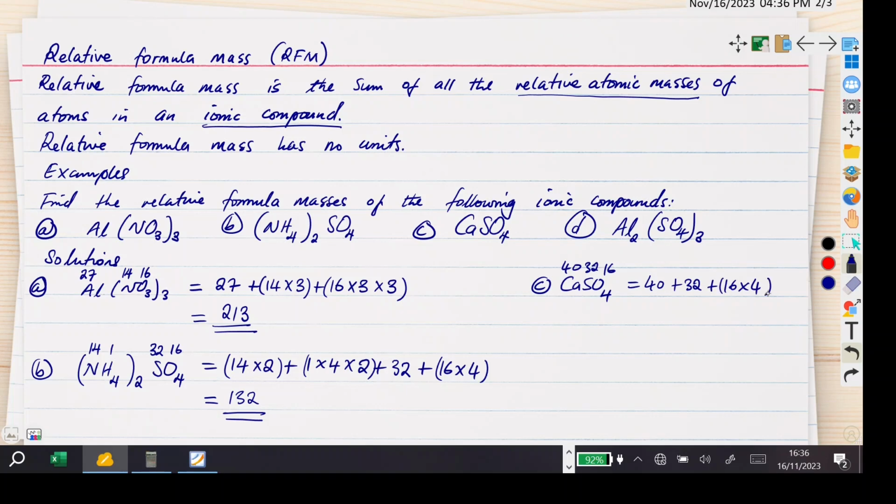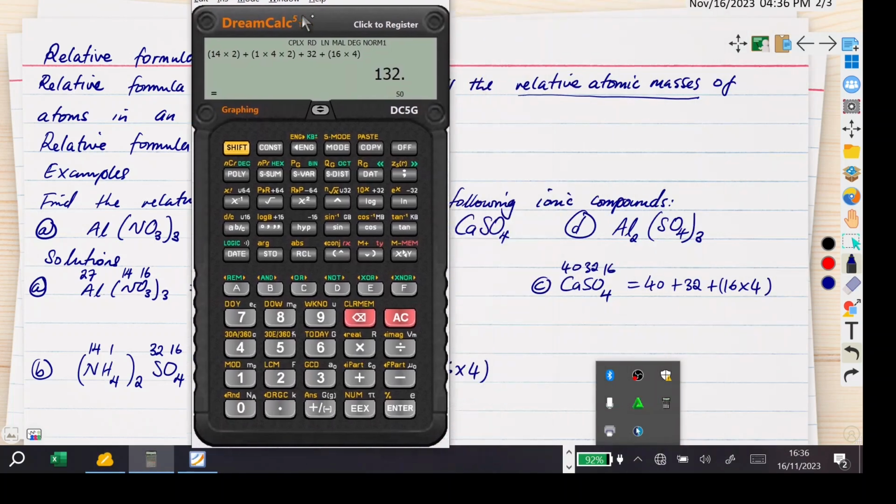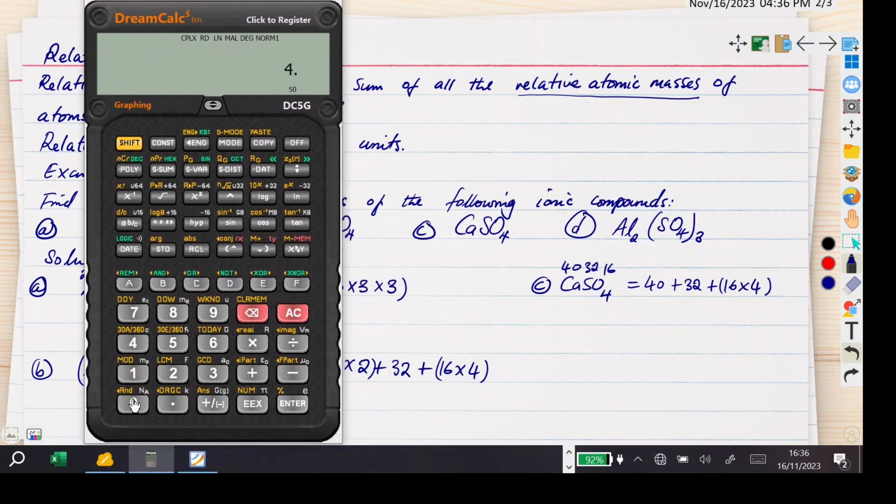Then you get your calculator and do the same quickly: 40 plus 32 plus, open brackets, 16 times 4, close brackets, then equals. You find that it is 136, so you say equals 136 as your answer without putting units.